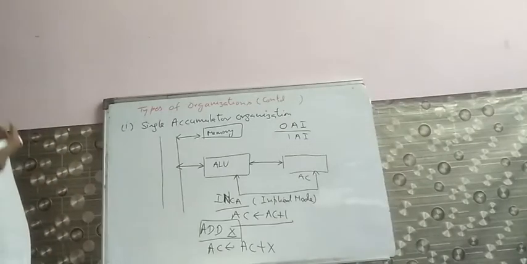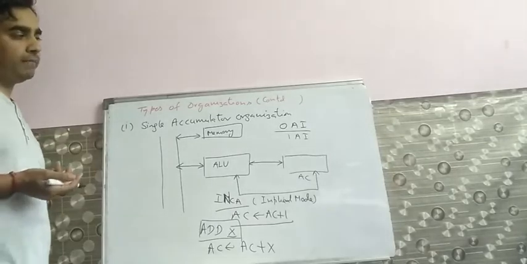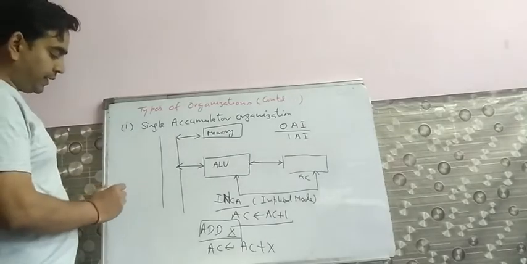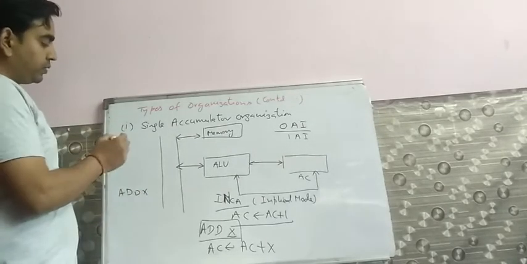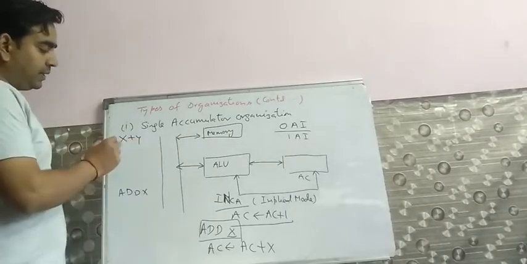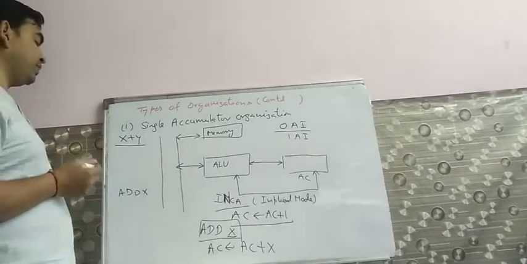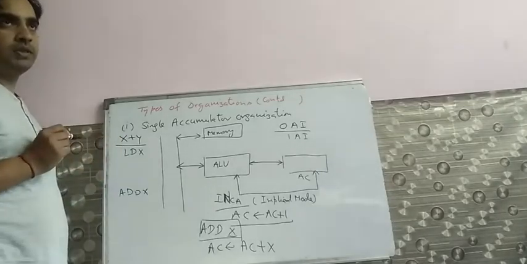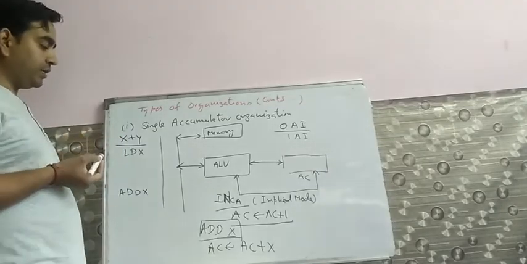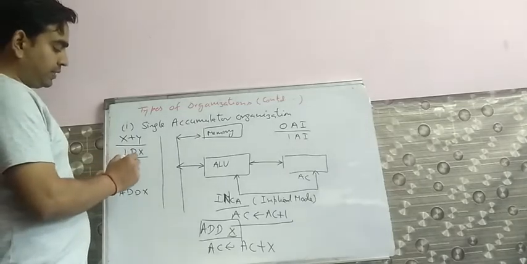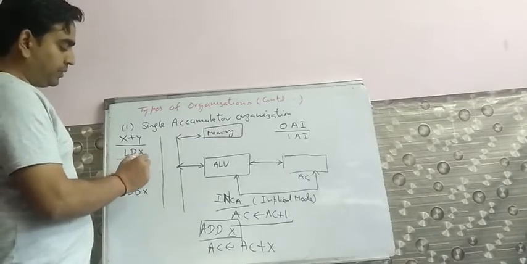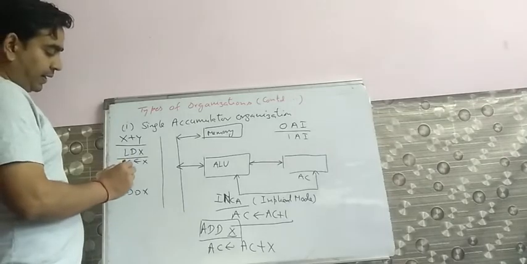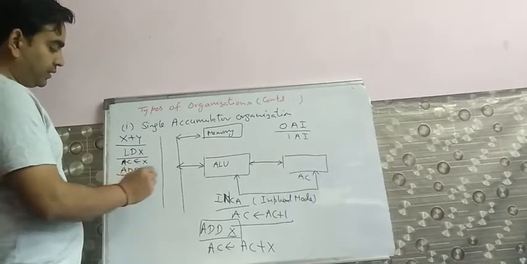So this is a one address instruction. If we are writing one address instructions, definitely the instructions will follow one another. Suppose we want to add x plus y. Then in single accumulator organization we have to write code like this. Load x means the content of x will be loaded into the accumulator, so AC will be x; x will be transferred to AC. Again, if we write add y, then what does it mean?